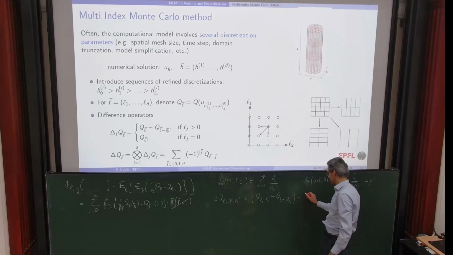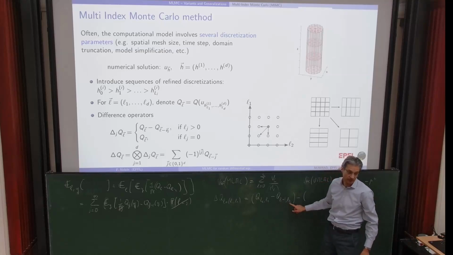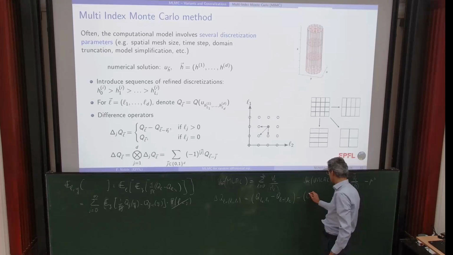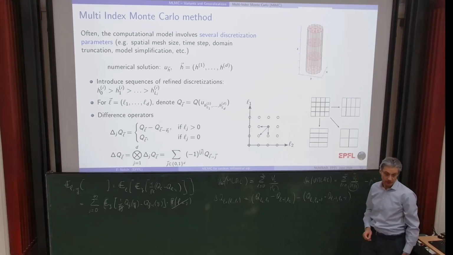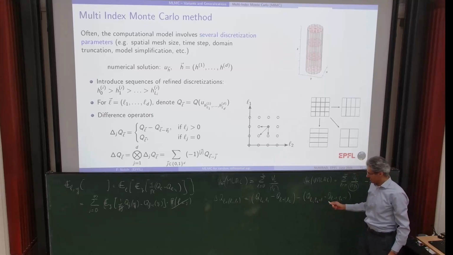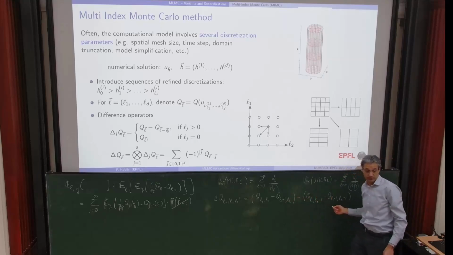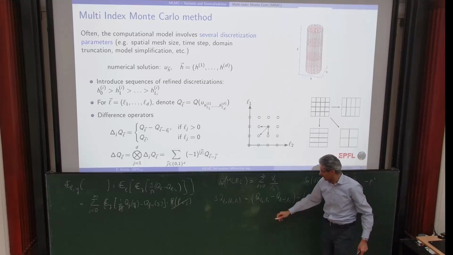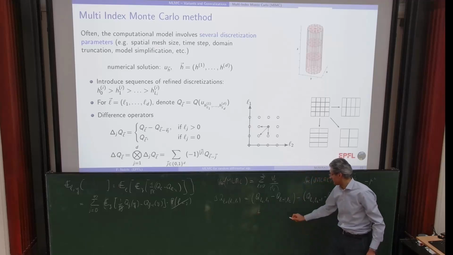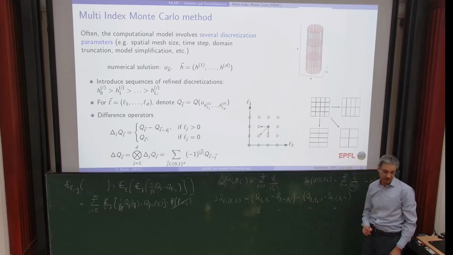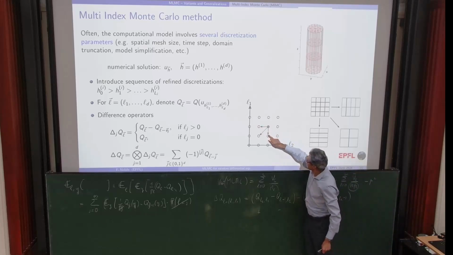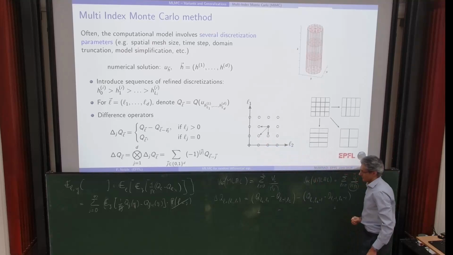So I subtract the same quantity, but evaluated for L2 minus 1. So this would be Q_(L1,L2 minus 1) minus Q_(L1 minus 1,L2 minus 1). Okay? So it's a double difference. So now it involves 4 terms. This one has a sign plus, this one has a sign minus, this one has a sign minus, and this one has a sign plus. It's plus, minus, minus, plus. Okay? So this was in 2D.